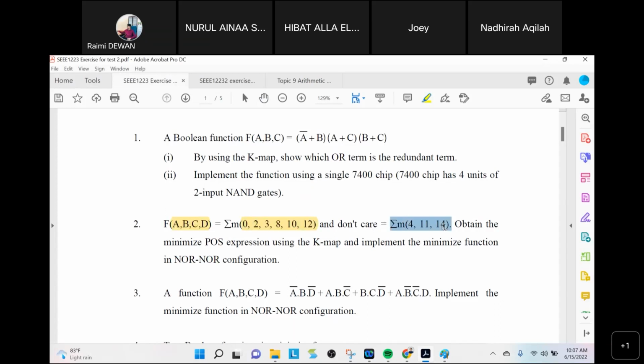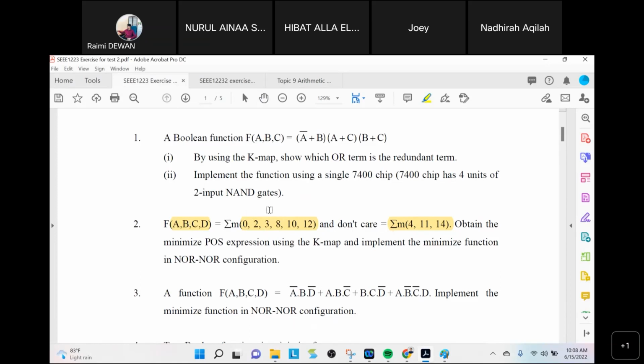Can you tell me what is inside the bracket of the POS here? If this is SOP, what is the POS?